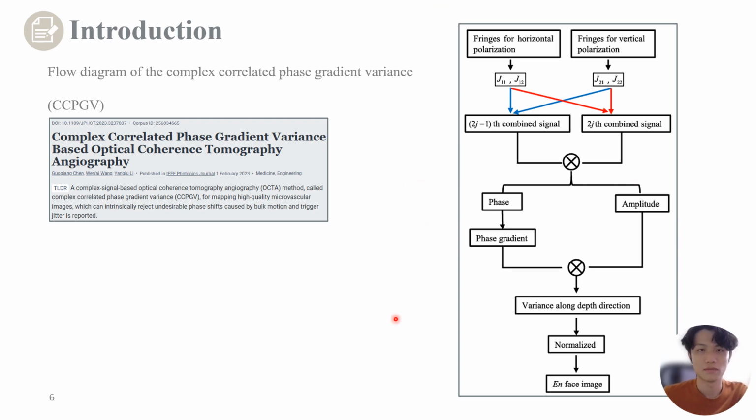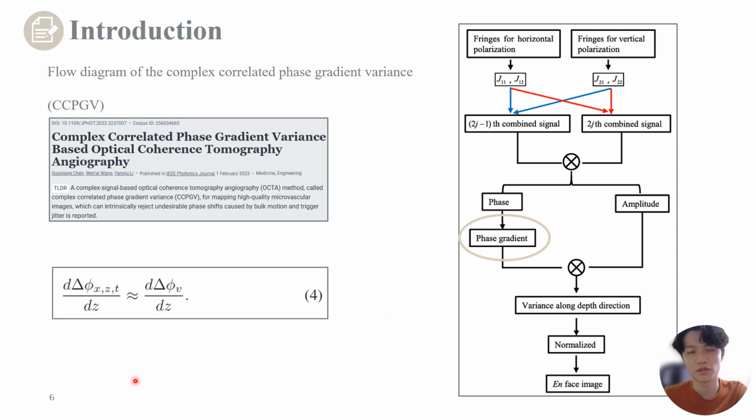The difference from Doppler variance imaging is the phase gradient. This equation is the axial gradient of the phase shift induced by red blood cells in the blood vessels.